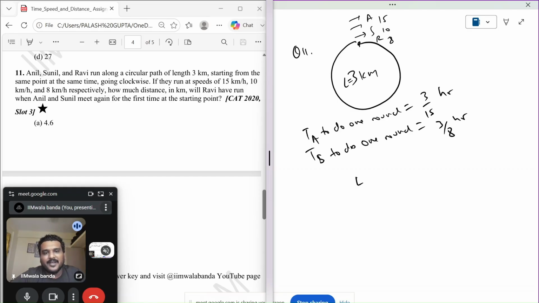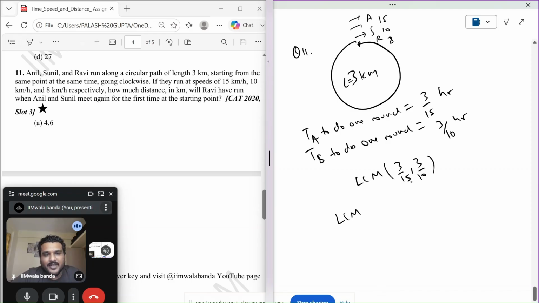Now I basically need to find out the LCM of these two so that I can know the time, and then simply I can find out how much Ravi would have run. Sorry, it is asking how much Ravi would have run when A and S meet again. So time taken by A, time taken by S will be 3 by 10, right? Now I need to find out the LCM. So you can convert it into minutes, but how do you find LCM of these two, right?